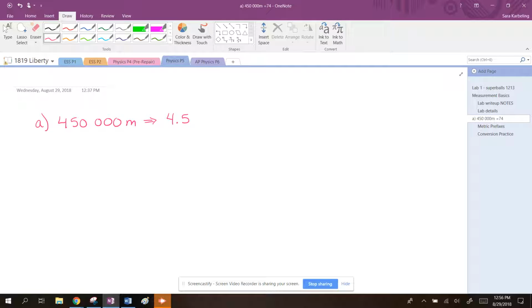So how did you decide that it was going to be 4.5 instead of 45? Because you need one number in front of the decimal. Right. So the key thing to remember is that you want one digit in front of the decimal point. And can that digit be 0?